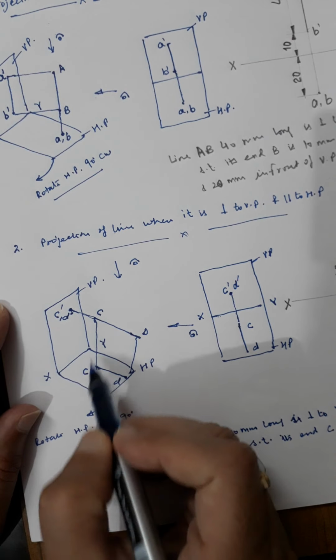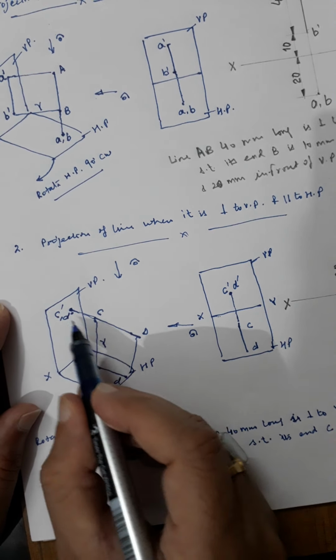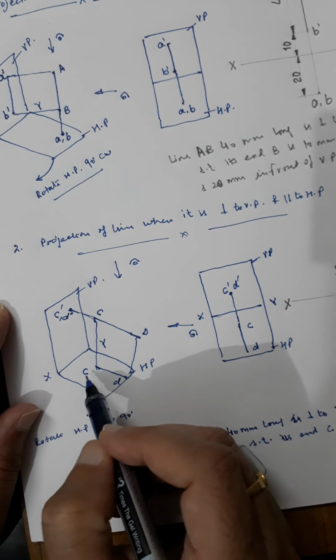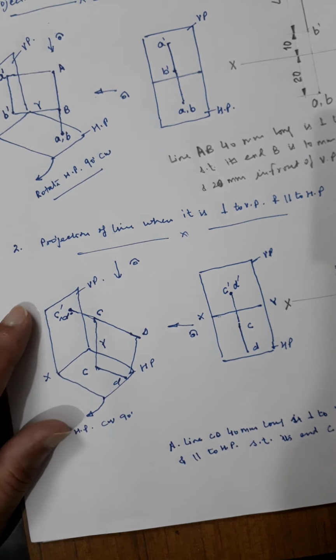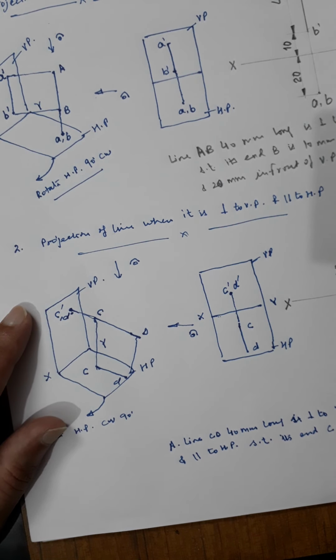See, this 10 mm distance will come in front, that will be in the top view, whereas this above HP distance will be in the front view. So it is 10 mm in front of VP.